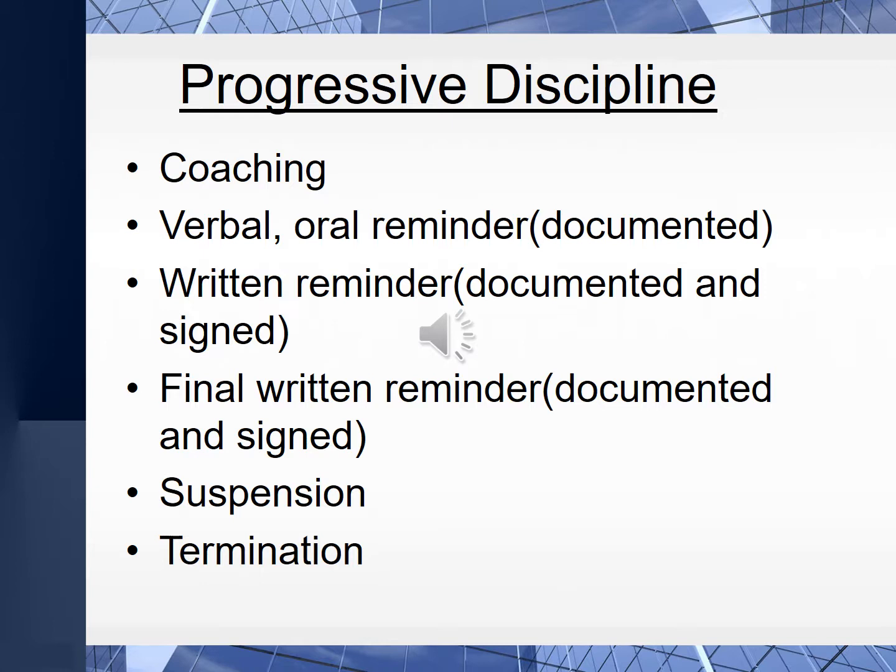The next offense, the second offense, is then a verbal oral reminder which the employer documents. The third offense is a written reminder which the employee signs. The employee is reminded of the previous two conversations regarding the matter. Another written reminder is then generated, which is also known as the final written reminder, which can then lead up to a suspension and termination.